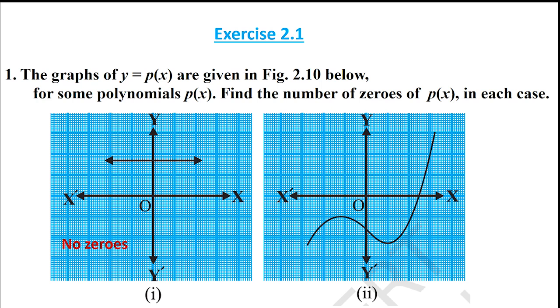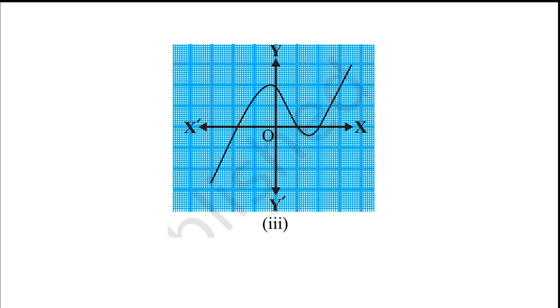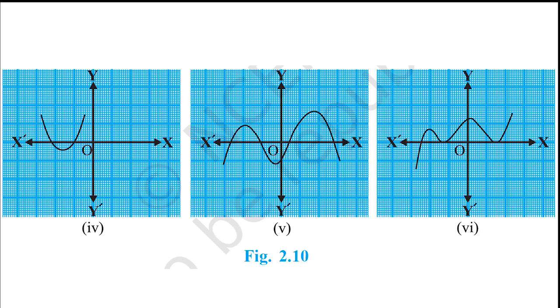Look at the second graph. The graph crosses the x-axis at 1 point, so it has only 1 zero. Now look at the third graph. The graph intersects the x-axis at 3 different points, so it has 3 zeros. Now the fourth figure, the graph intersects the x-axis at 2 different points, so it has 2 zeros.